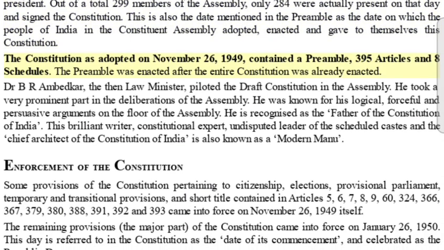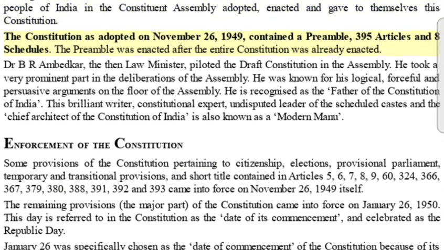The Constitution as adopted on November 26, 1949, contained a preamble, 395 articles and 8 schedules. The preamble was enacted after the entire Constitution was already enacted. Dr. B.R. Ambedkar, the then Law Minister, piloted the draft Constitution in the Assembly.